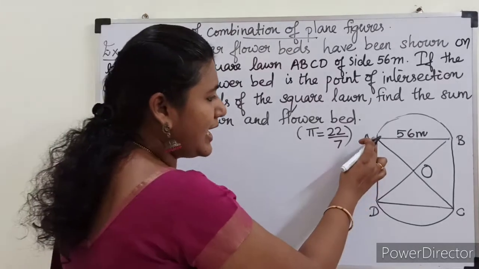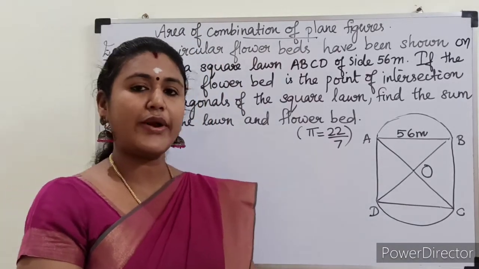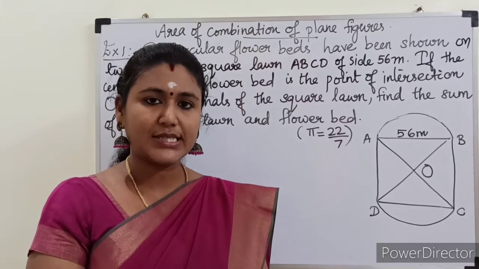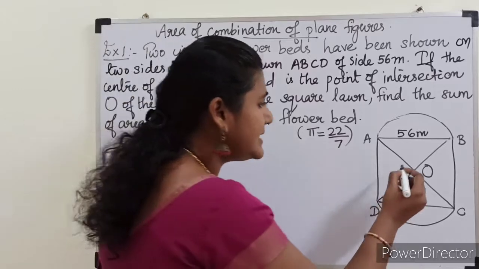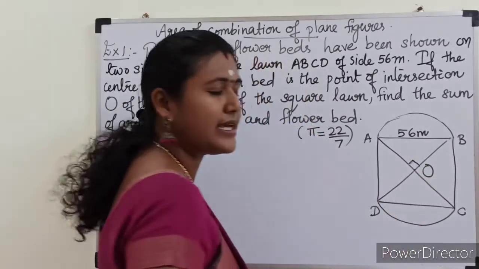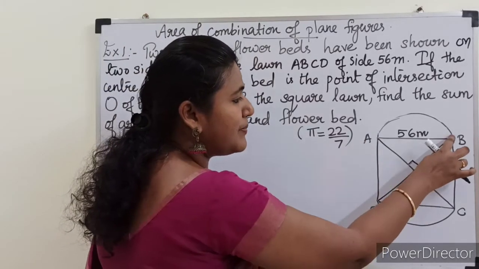For that we have to use the properties of a square, which we have already studied in earlier classes. The diagonals of a square are perpendicular bisectors, that is, the angle between the diagonals is 90 degrees. So consider triangle OAB.